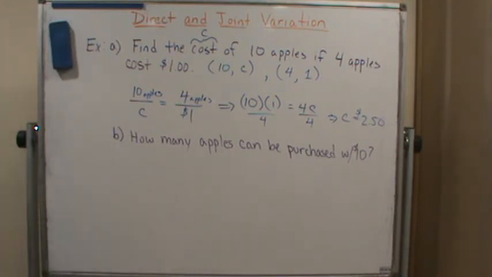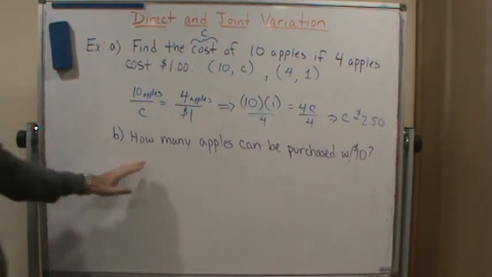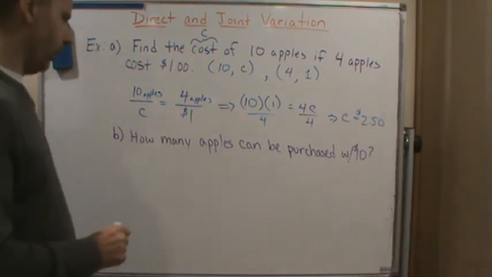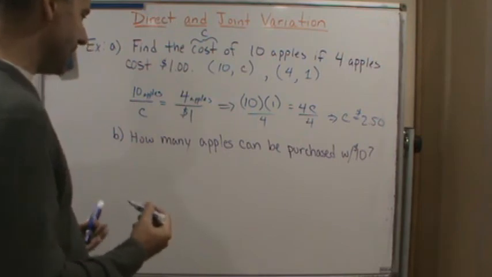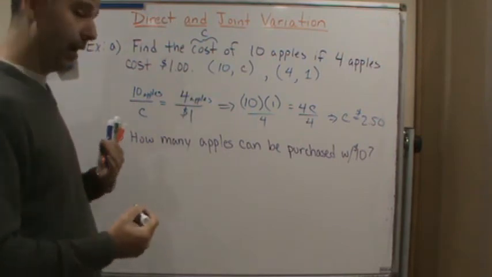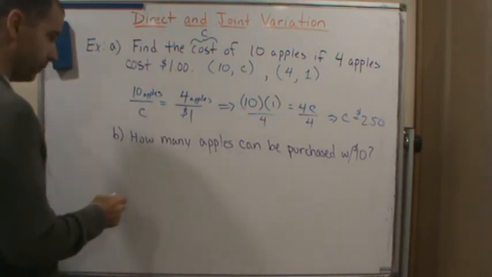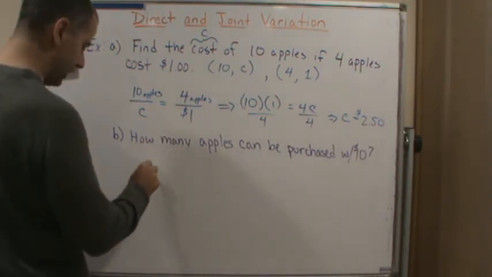Okay, now the next question is, how many apples can be purchased if I have $10? Let's set up another ratio. I have $10 and I'm trying to figure out how many apples to purchase.